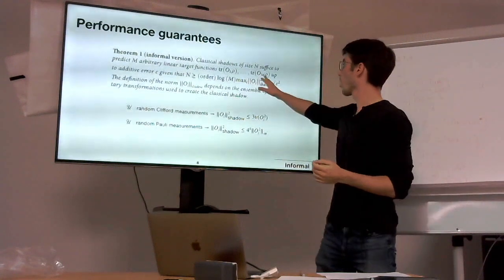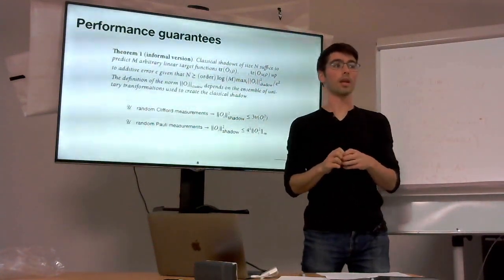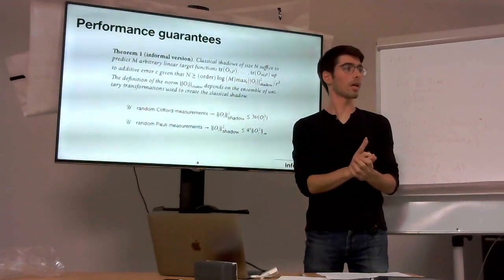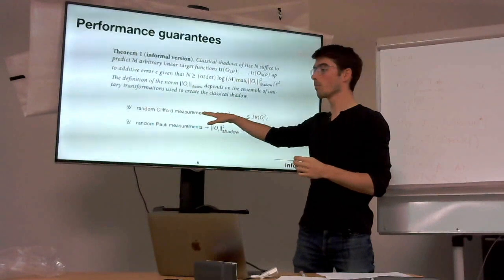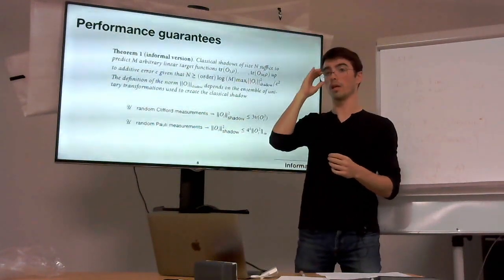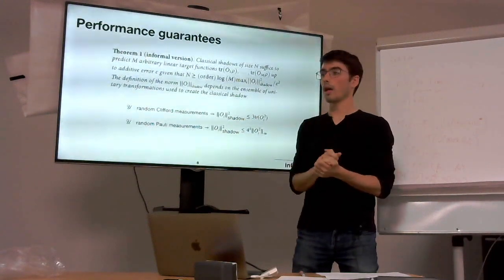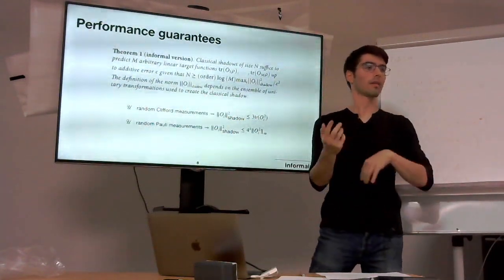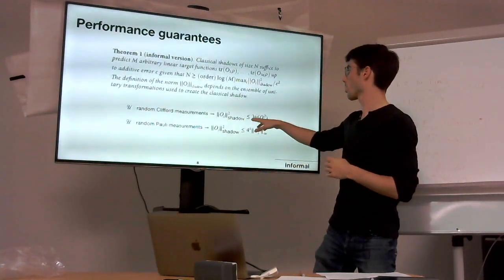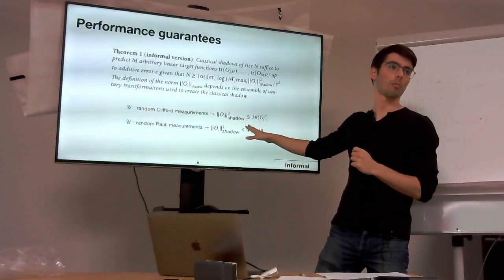So this norm that depends on the ensemble that you are using, they study two particular examples in the manuscript. One is the random Clifford measurements, so single qubit gates and CNOTs, basically. And if you use this ensemble of unitaries to transform your state and then measure, then your norm is more or less related with the Hilbert-Schmidt norm.